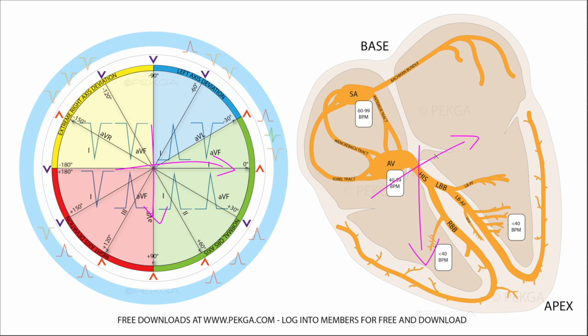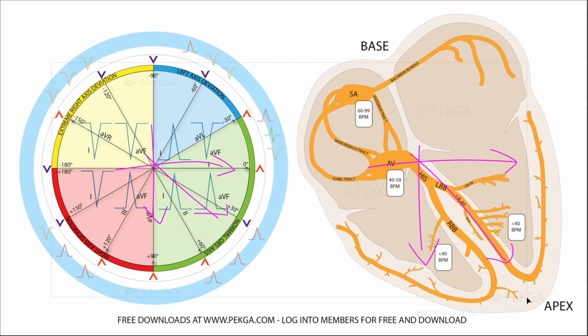Sorry, let me just fix that. Lead 1 really should be running across like that. And now when you add the two vectors together, what you get is something in between, and here you get something that's in almost perfect alignment with lead 2.